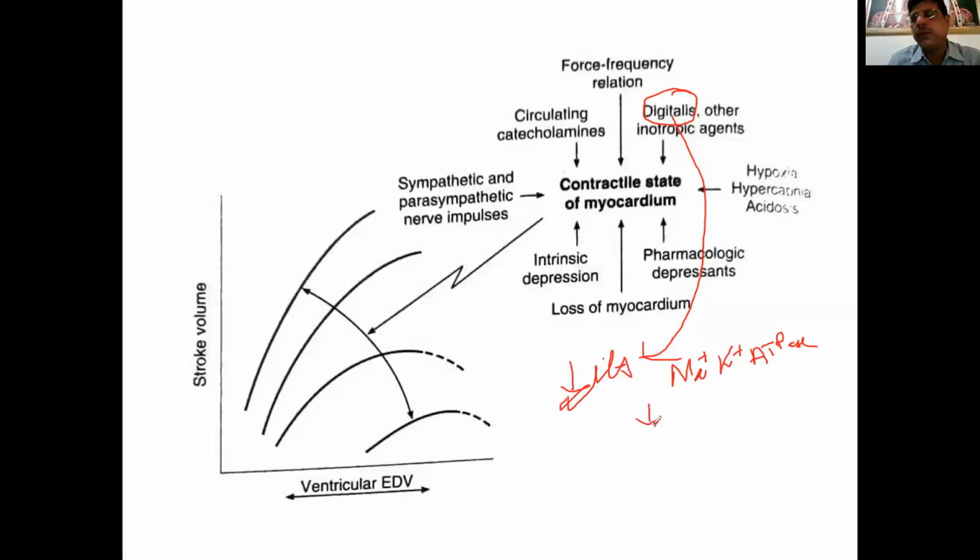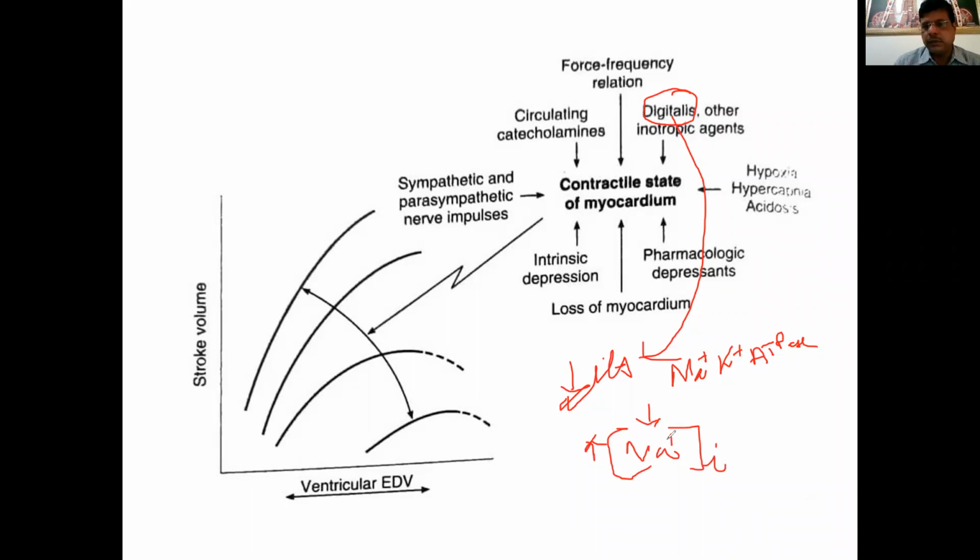If the sodium potassium pump is inhibited, why should the force of contraction increase? Because intracellular sodium levels rise. Please go stepwise. So if sodium potassium ATPase is inhibited, there is an increase in intracellular sodium concentration.